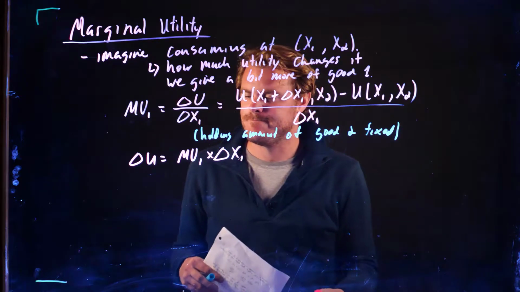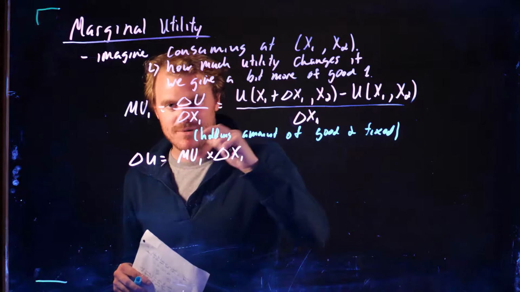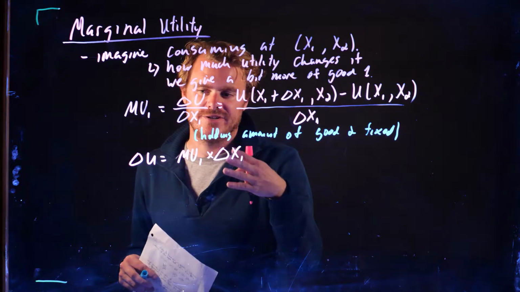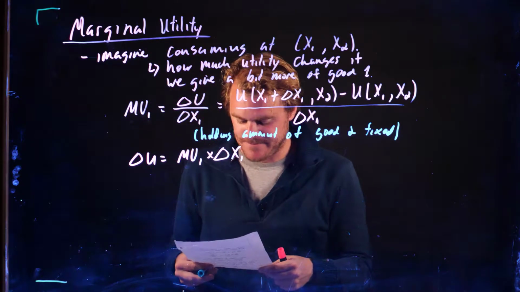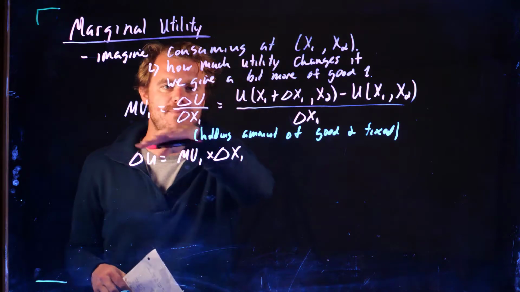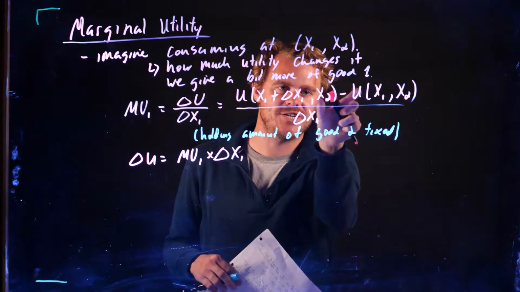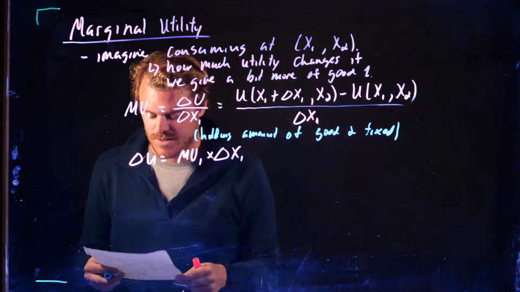Hopefully that makes sense. The amount of added utility from a marginal change in x1 times the amount that x1 changed is the total change in utility. Maybe that's an easier way of saying that. So you could do the same thing with good 2. You're just going to put a 2 there and a 2 there, and now you're changing good 2 but leaving good 1 constant.